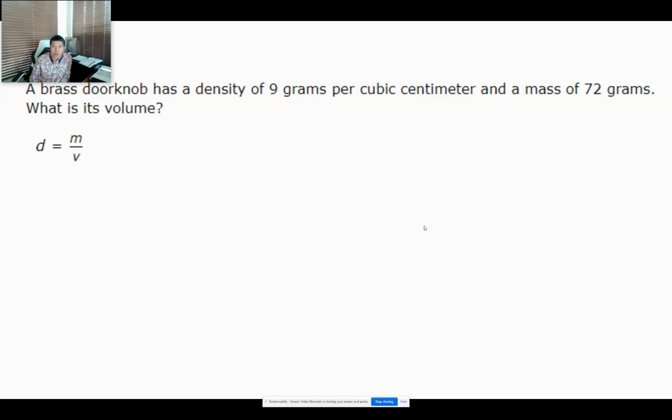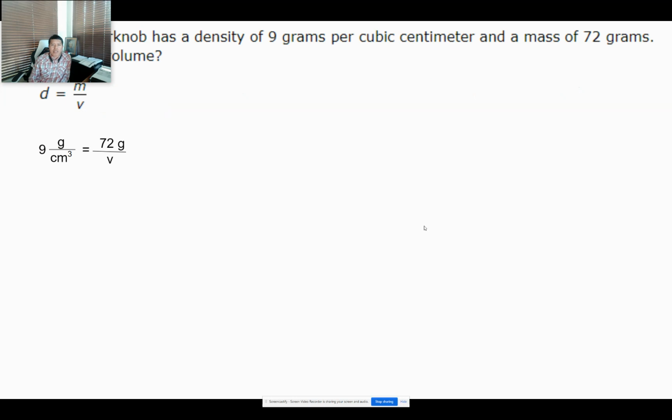Let's plug in the known or what's the given. So we have the density. It's 9 grams per cubic centimeter. So that's on the left side to replace the D into the right side of the equation. The M will be replaced with 72 grams or the numerator. And then we will copy the V, the denominator, because that's the unknown.